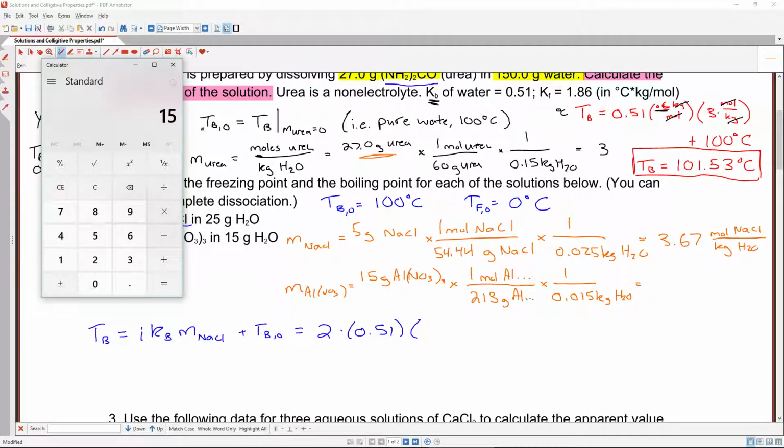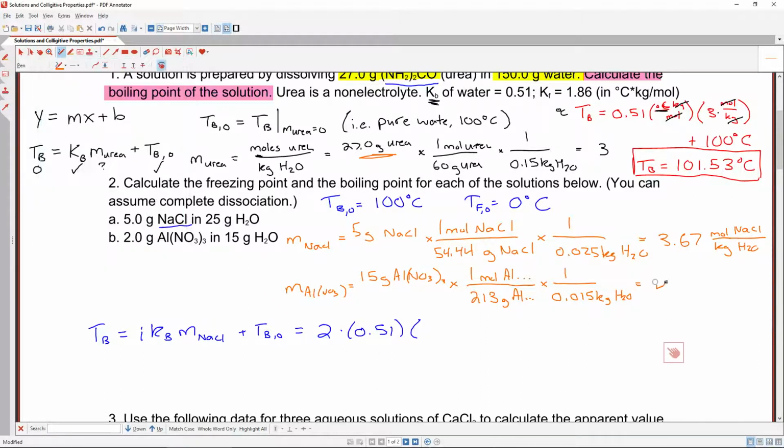So 15 divided by 213 equals. And then that divided by 0.015. Oh, my enter key does not work. Great. 4.69. And this is moles Al(NO3)3 per kilogram H2O. Awesome.